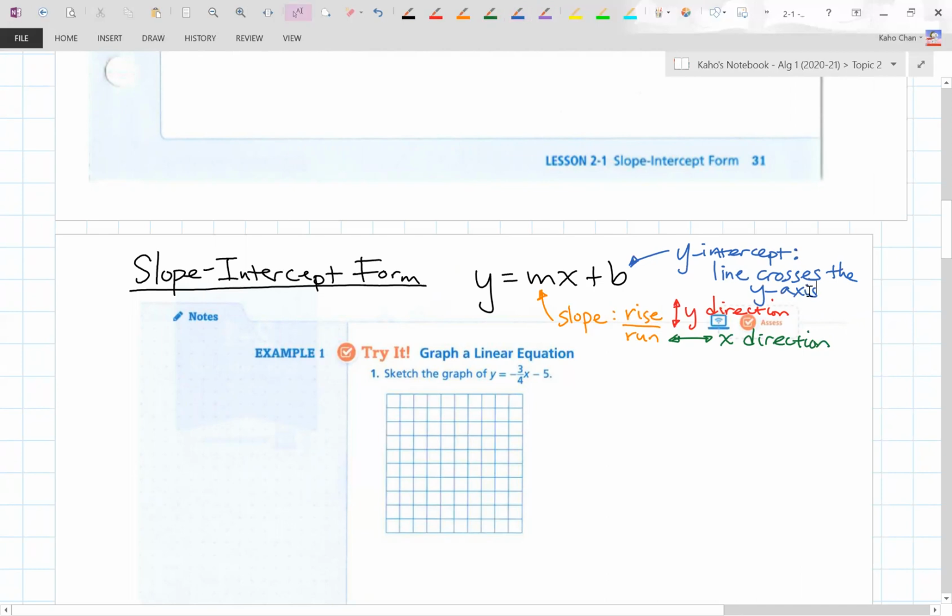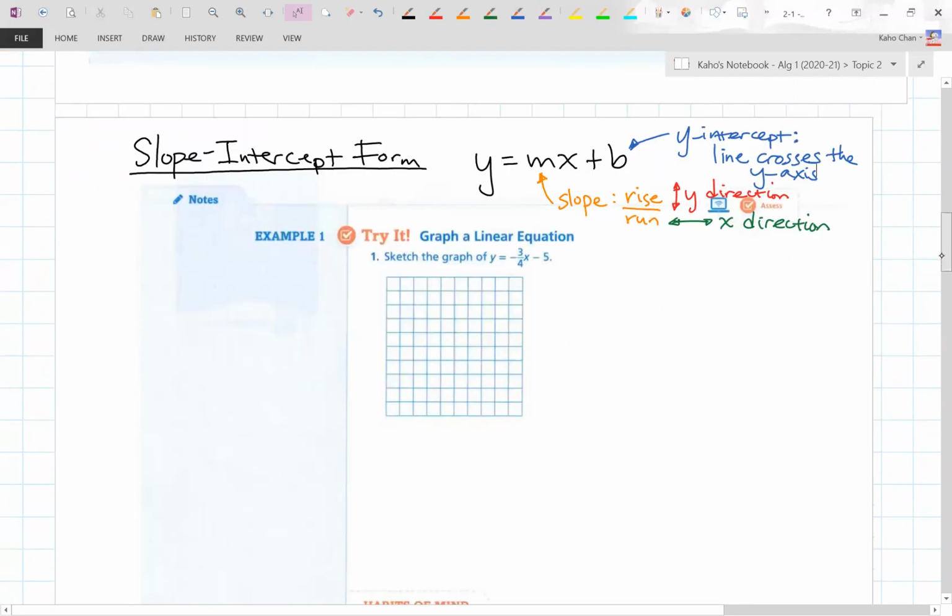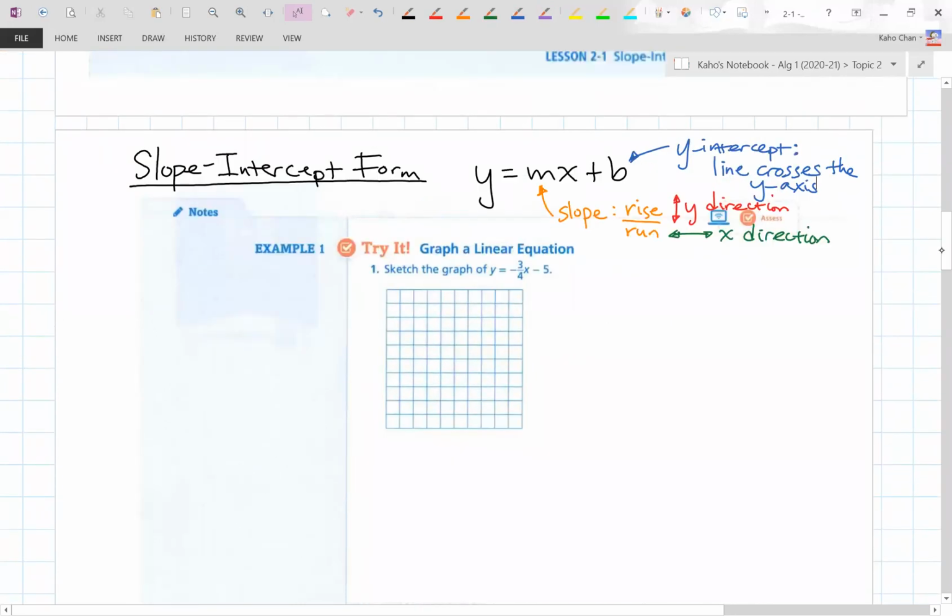All right, let's do some examples. I'm going to go ahead and do the one from the book off to the left first. Here it is. Graph, or sketch, y equals 4/5, that's a fraction, x plus 2.